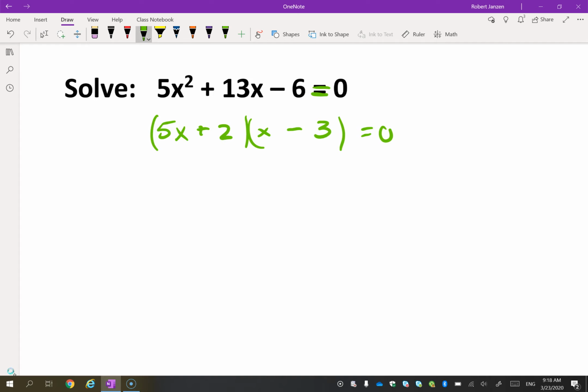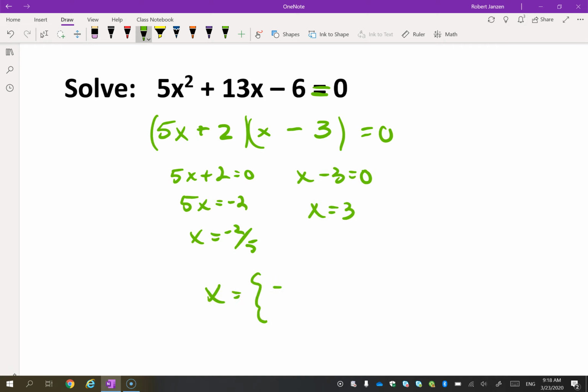Yeah, it does. And so 5x plus 2 equals 0, so 5x is -2, x is -2/5, and here x minus 3 equals 0, so x equals 3. And so you have two solutions. We should remember how to do that.